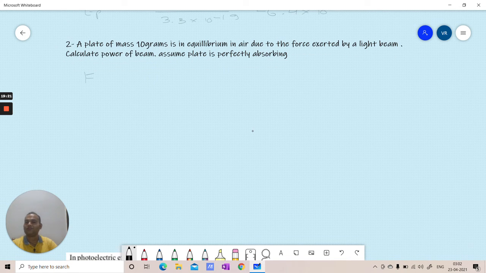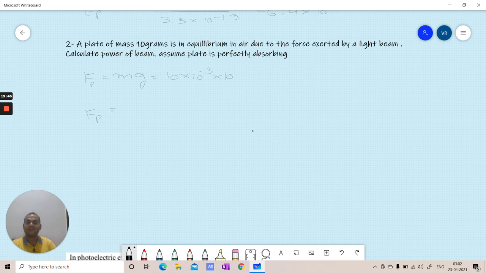So force by photons should be equal to mg. Mg is 10 into 10 raised to the power minus 3, because it is 10 grams, into g; in this question we'll take g directly as 10. Now, one more important thing: it says assume the plate is perfectly absorbing.